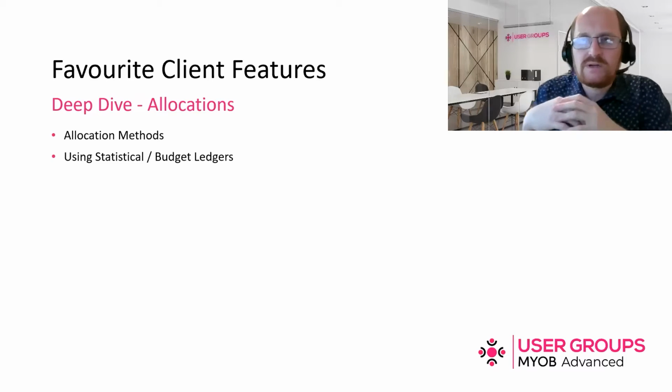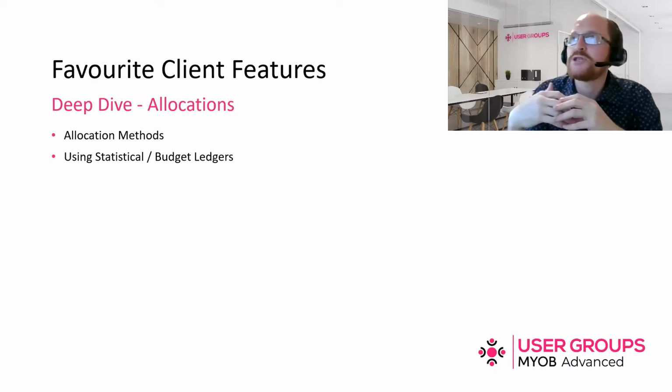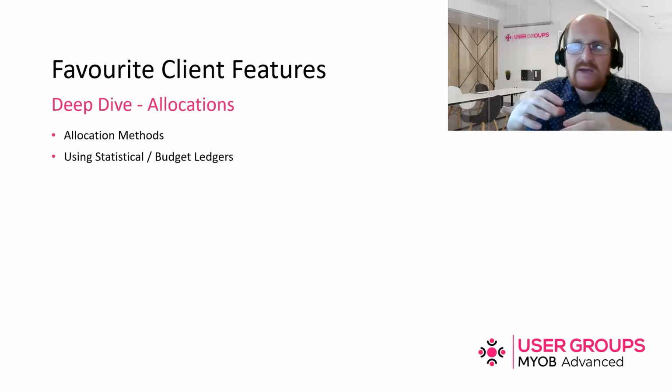All right, thank you very much for that, Grant. What I'm going to cover in this section in terms of client favorites is a deep dive into the allocations engine within the system. A lot of businesses have that split once you receive things like expenses: how do we actually split that off?